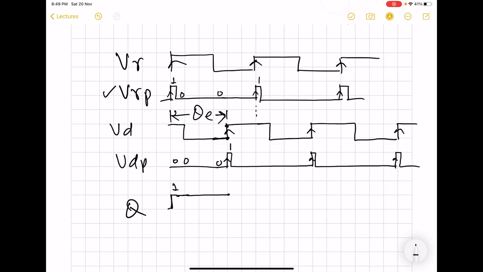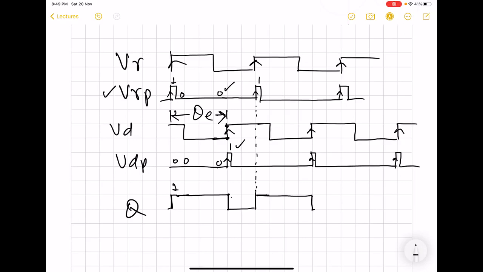At this stage, we have 1 for VD, but 0 for the reference signal, so Q is brought back to 0, and this remains 0 till the rising edge of VR occurs, which is here. And this process will continue.